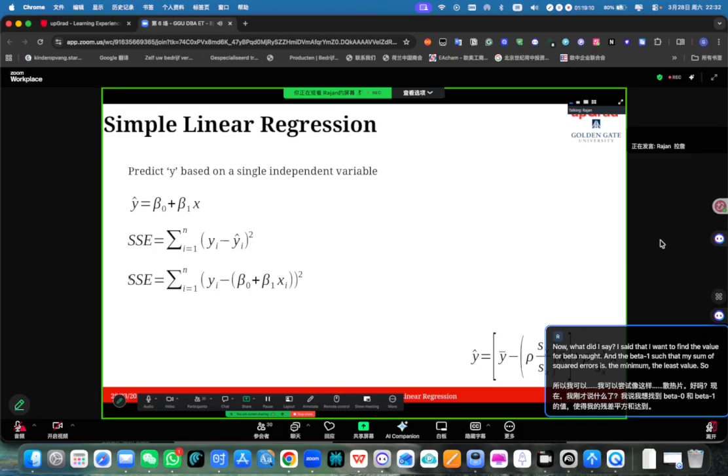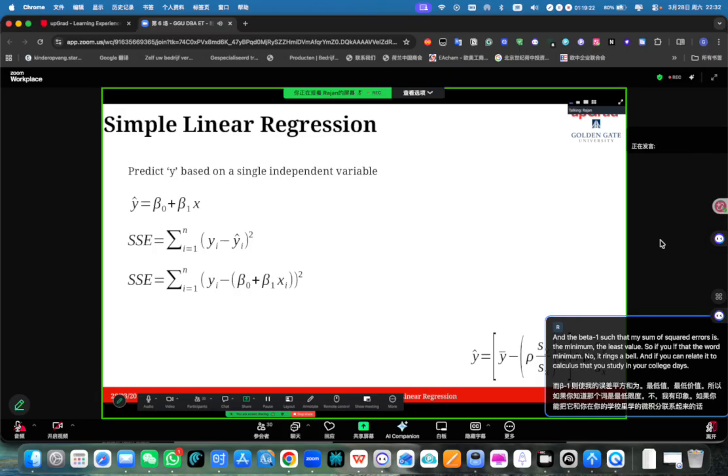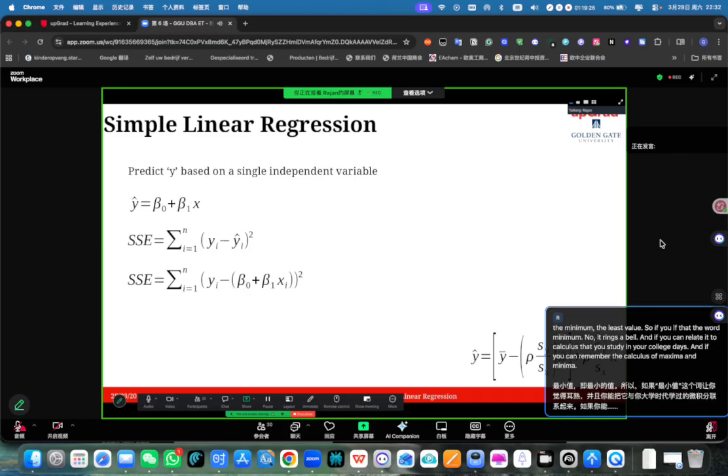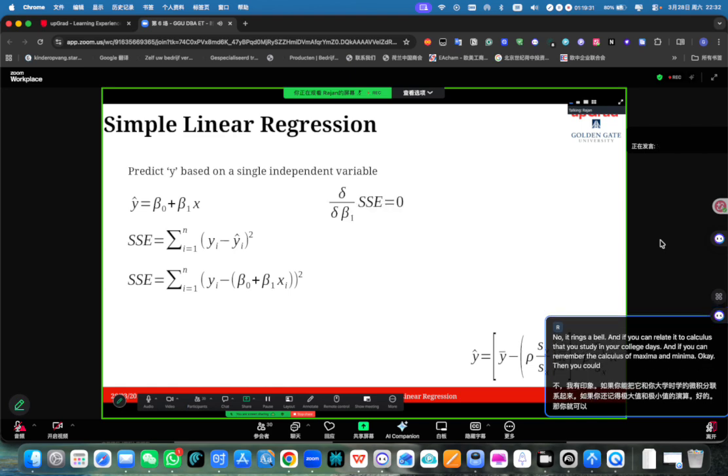So if the word minimum rings a bell, and if you can relate it to the calculus that you studied in your college days, the calculus of maxima and minima, then you could immediately recollect that all you are trying to do is take the derivative of this sum of squared errors with respect to beta 1, set it equal to 0.